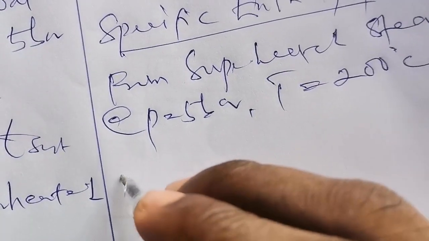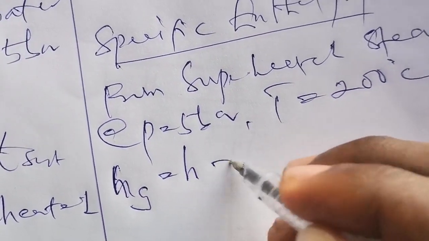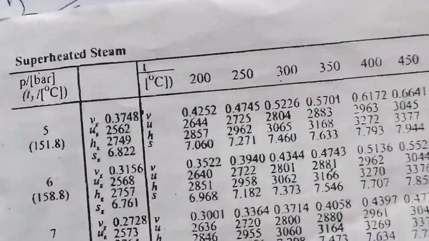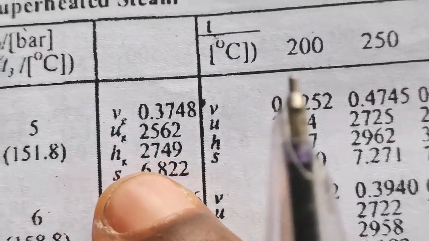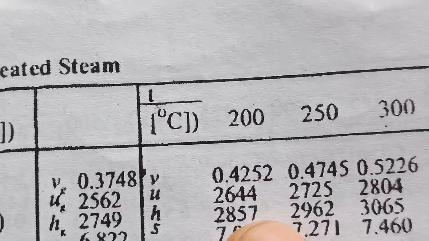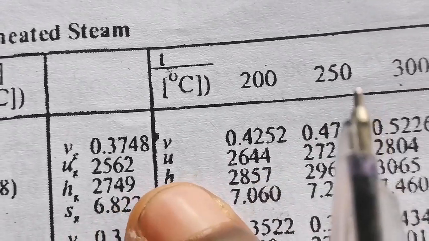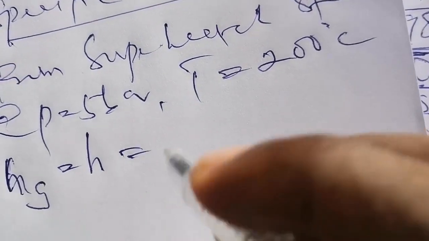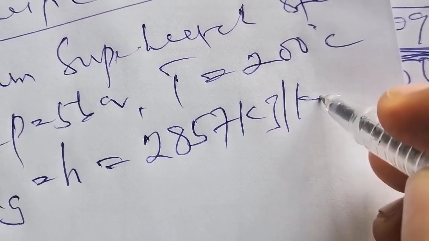The value you obtain for Hg is the specific enthalpy. This is 5 bar, Hg is the third row, and 200 degrees Celsius is here. So Hg is 2857 kilojoules per kilogram.